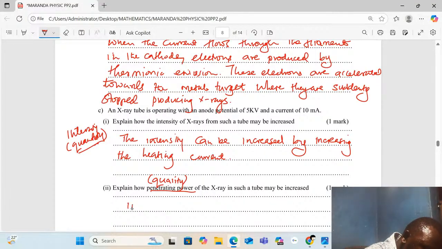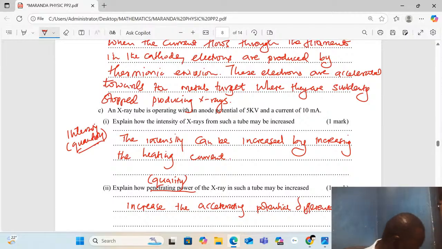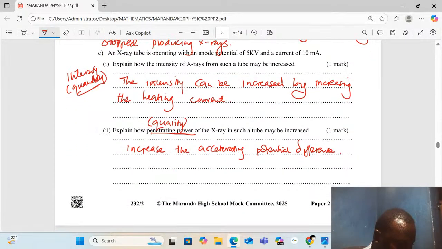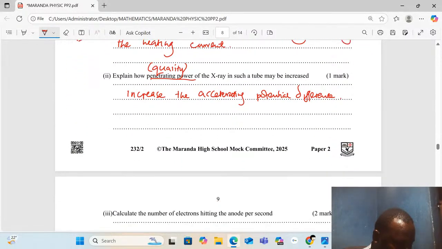So increase the accelerating potential difference. We can move to the next part.